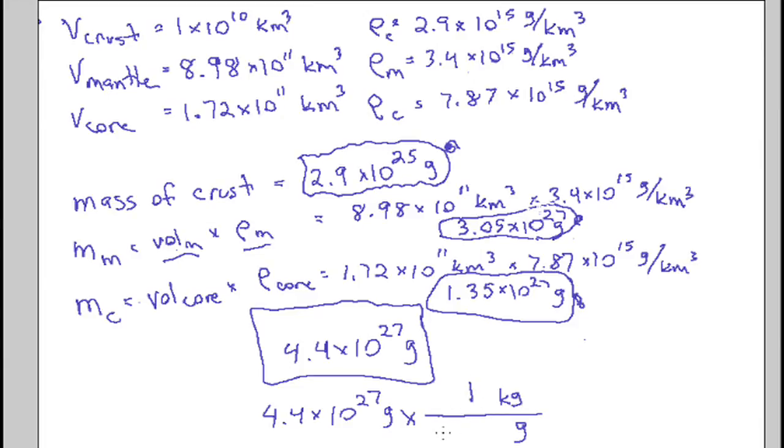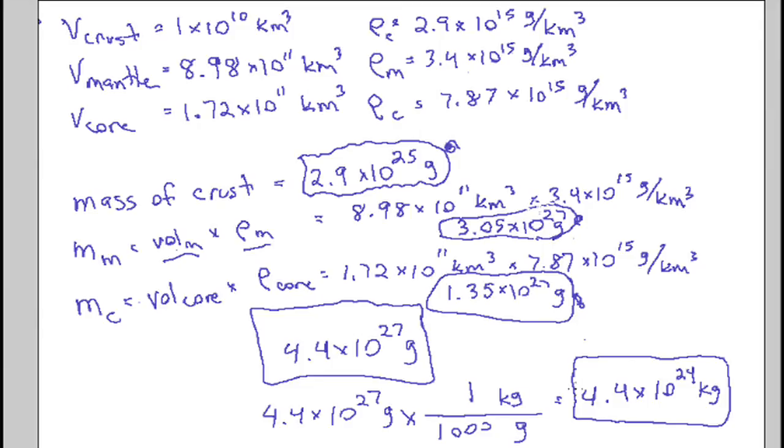And if we have 1 kilogram, we have 1,000 grams, and that gives us 4.4 times 10 to the 24th kilograms. And although I haven't looked it up recently, that's probably pretty close. It's in the ballpark for the mass of the Earth. That's not really the ideal way to do it, but it's a way to check and reasonably close to reality. So that would be how you tackle that problem.